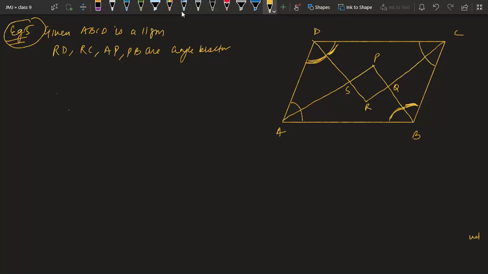So in front of us, given to us, is a parallelogram ABCD, that is this one, and the bisectors of four angles, that is angle A, B, C and D, make a figure like this, PQRS. We have to prove this PQRS a rectangle.